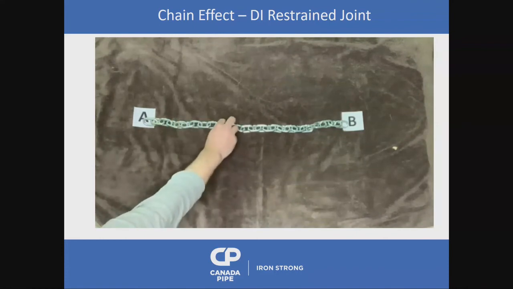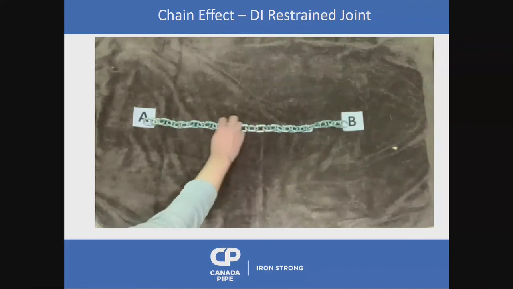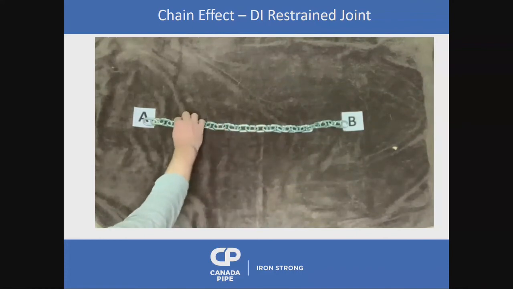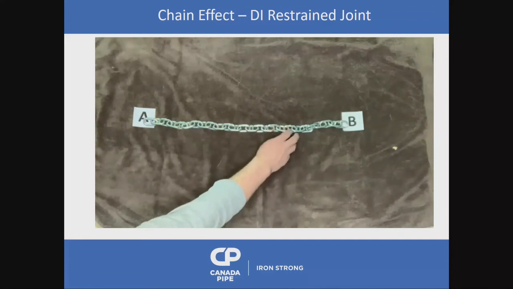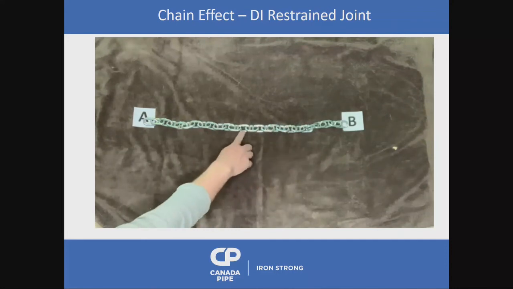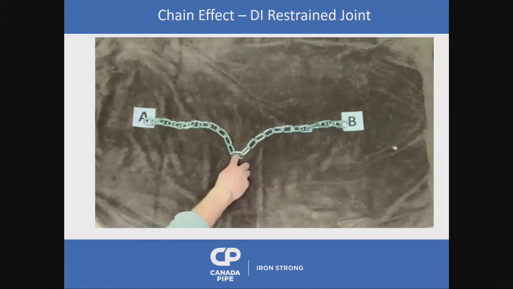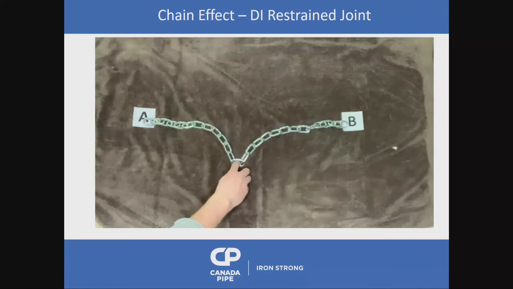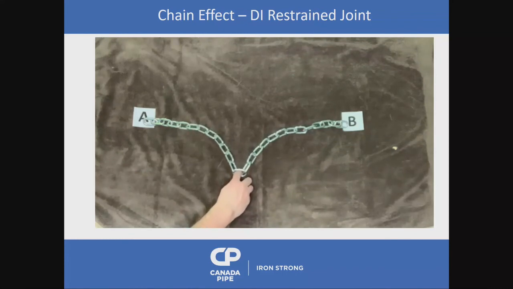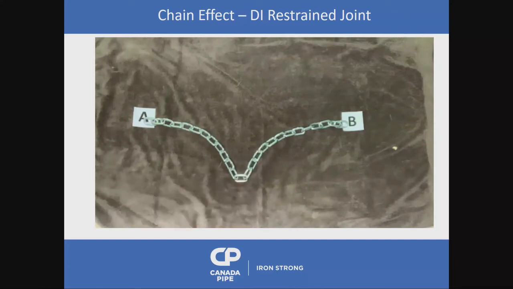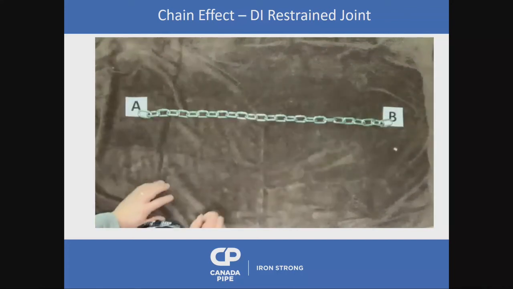So now we're putting it on a chain effect pipe, which is a joint flexibility pipe, and let's watch what happens when we pull the chain. So everything stays together. So that's how that works.